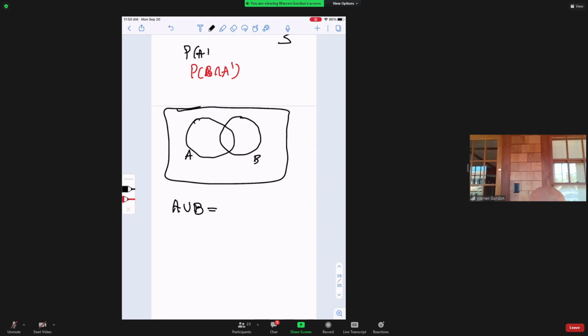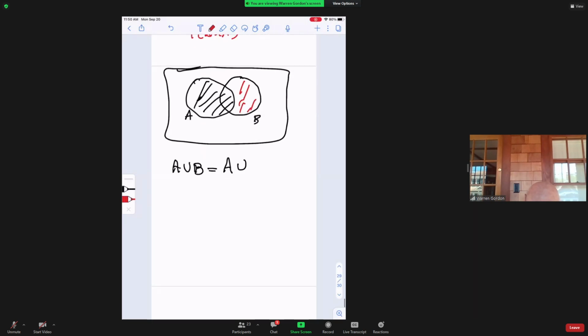I can write it as this region, A, union with this region, which is A complement intersection B. Now notice these two sets, their intersection is the empty set.